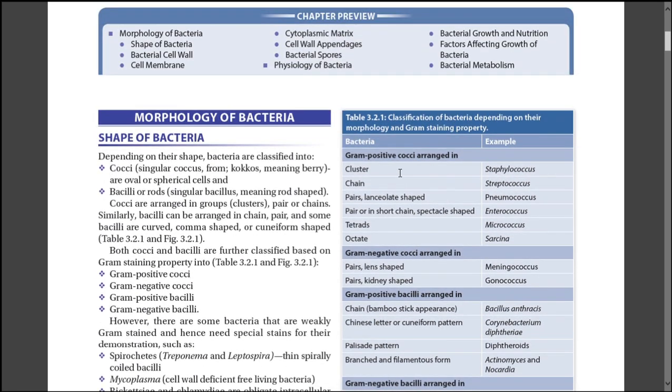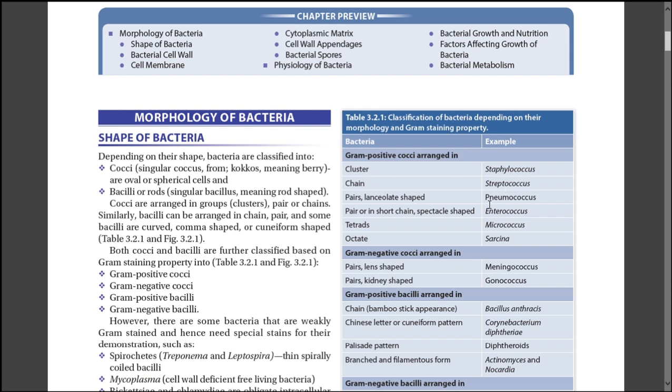If you take gram-positive cocci, what we need to remember is, in clusters, Staphylococcus is arranged. Streptococcus is arranged like a chain, which is a gram-positive cocci.